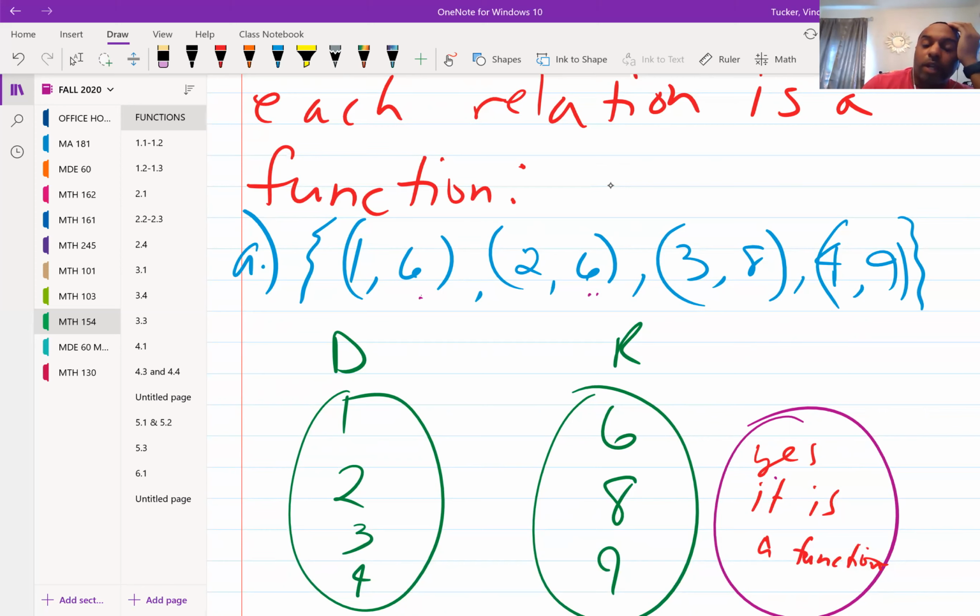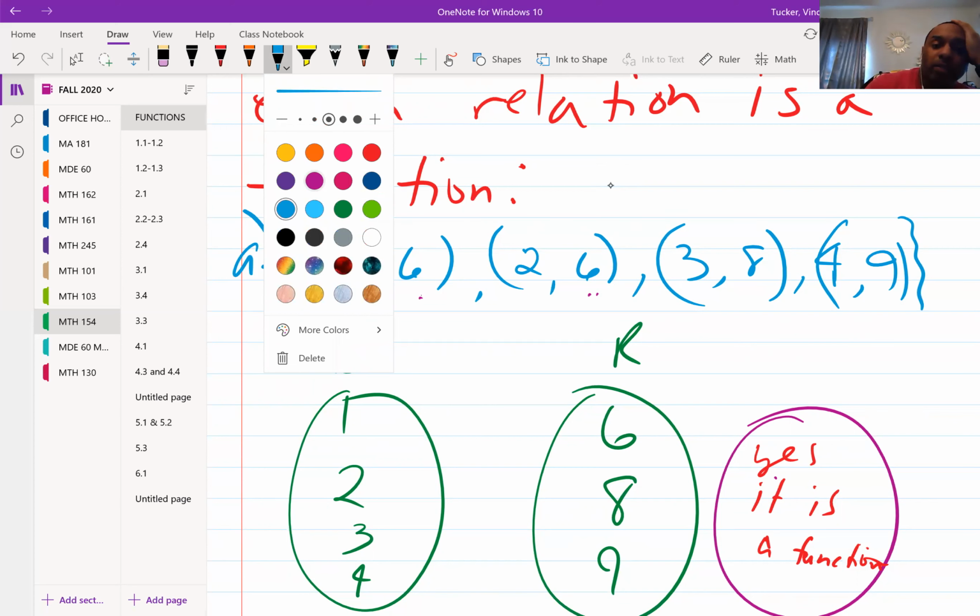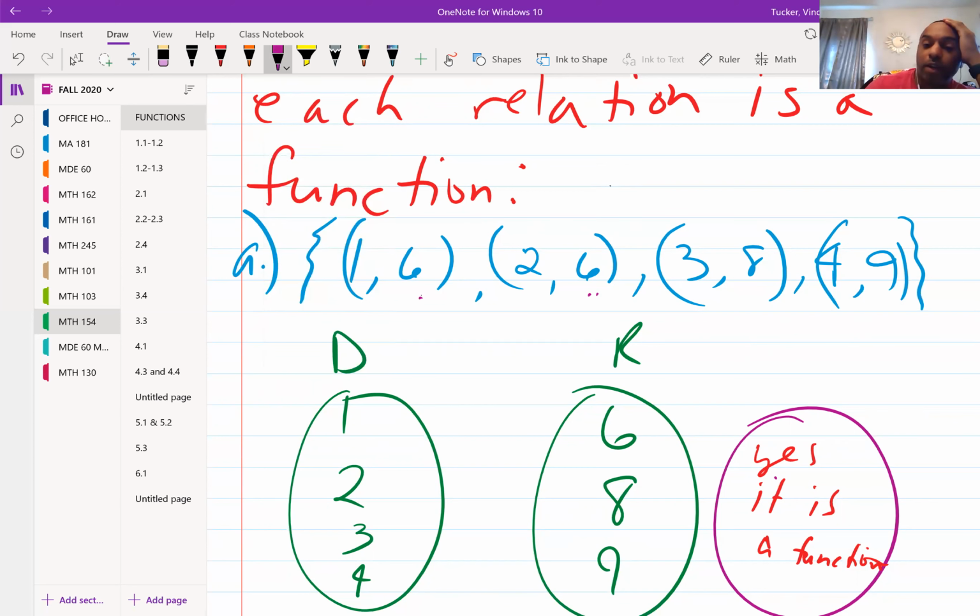Okay. So now the definition of a function is that each element in your domain goes to exactly one element in the range. So you would look at each one of them individually and ask yourself, is it going to just one value? So when I look at 1, is 1 going to just one value? The answer is yes. Look at the number 2, is 2 going to exactly one value? The answer is yes.